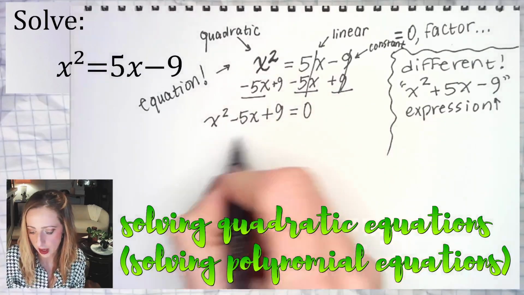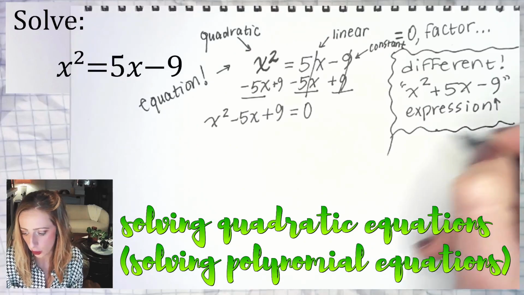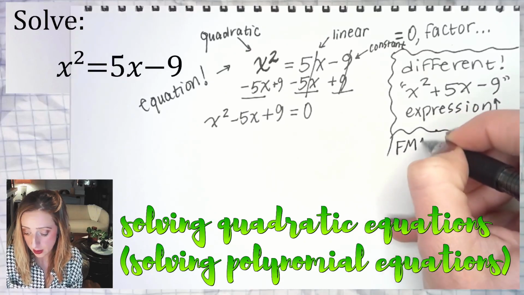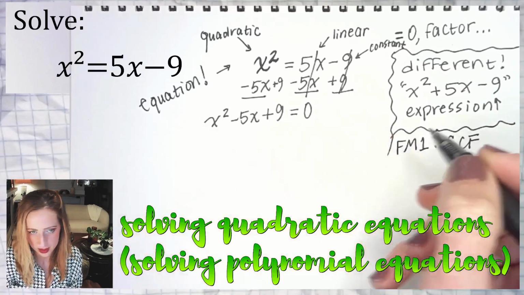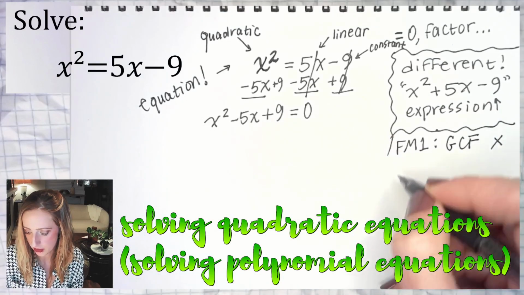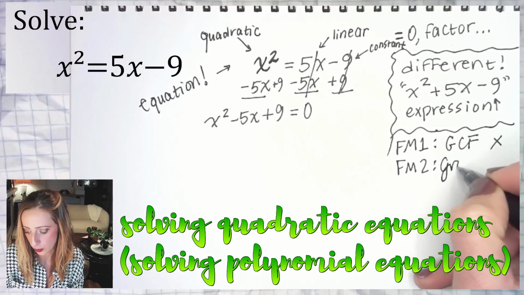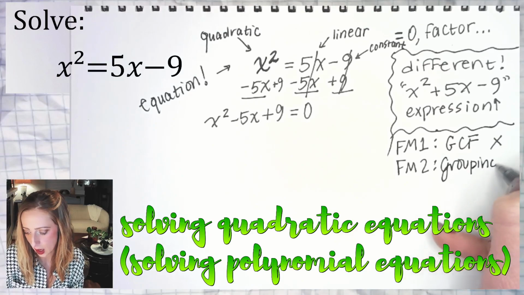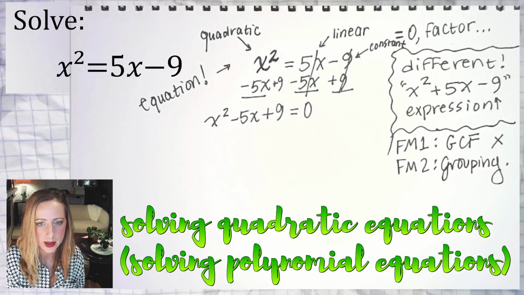So if I wanted to try to factor this, if I go down my list of factoring methods that we've gone over, factoring method 1, I consider to be check if you have a greatest common factor. And in this situation, we have no greatest common factor. Factoring method 2, I would jump into grouping. And this isn't really set up for grouping as is. We might use a combination of things with grouping, but right now that's not really the case.